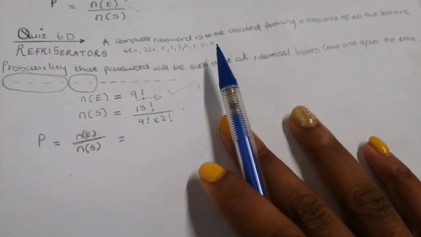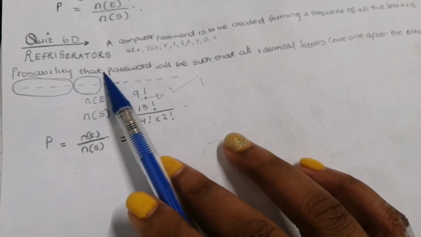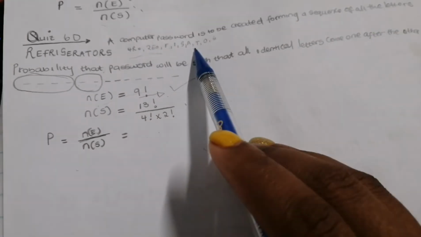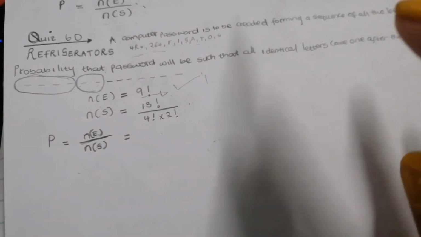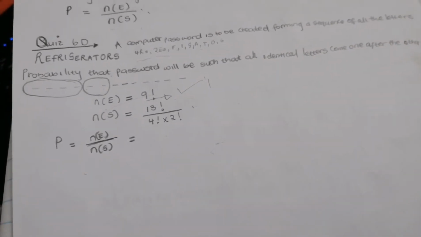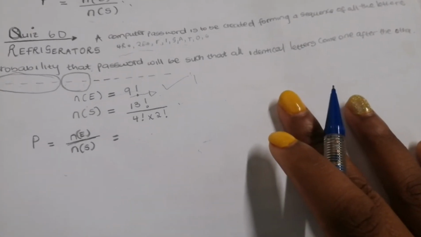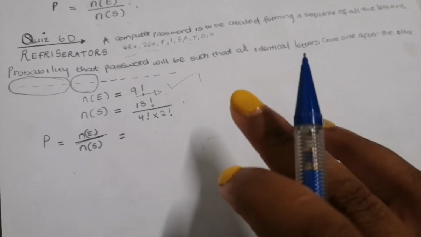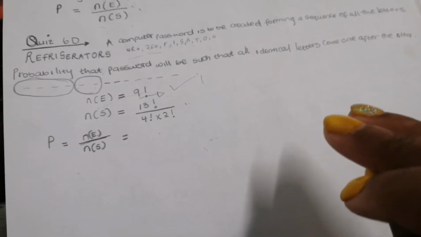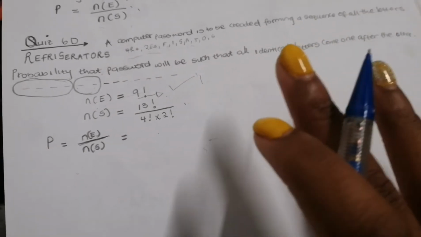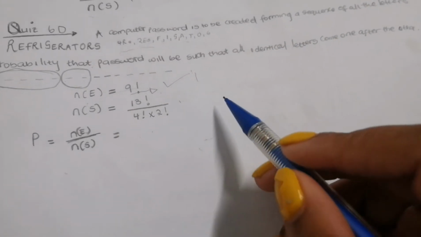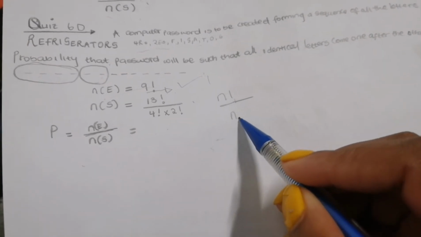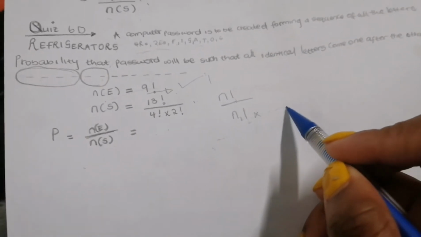As we can see, we have refrigerators, and refrigerators has identical letters. So remember, from the intro, we were told that permutations where some set of objects are identical was n factorial divided by n1 factorial times whatever.